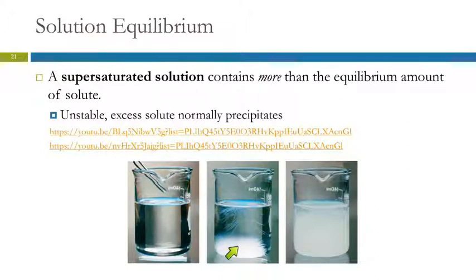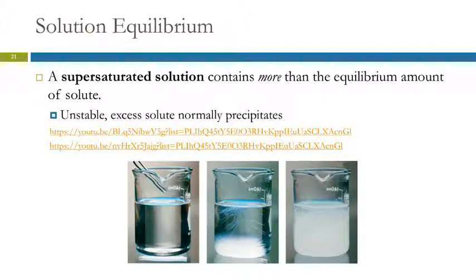So then when we disturb this supersaturated solution, either by touching it with a stirring rod or dropping a crystal in, providing a nucleation site, then the solution realizes, oh, wait a minute, all of this can't be dissolved. It needs to crystallize out, and it will do so very, very quickly.